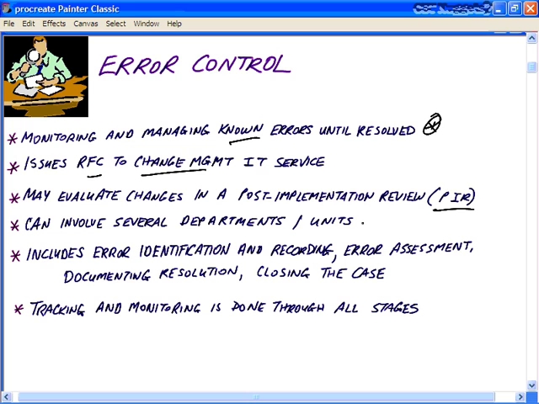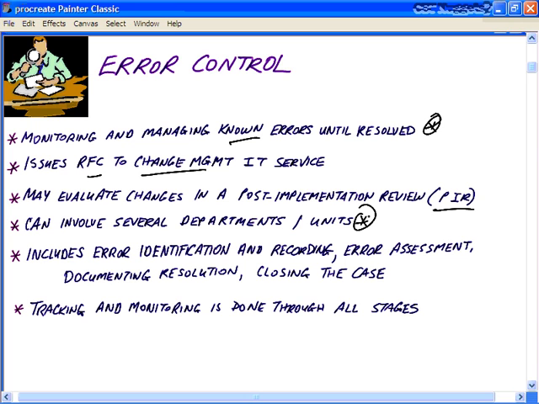The error control process, since it can involve a wide variety of known errors, software, hardware, security, implementation, configuration, insourced, outsourced, can involve several departments and units, some of which may not even be part of your organization. They may be third party, they may be contractors. So this is a very broad process.